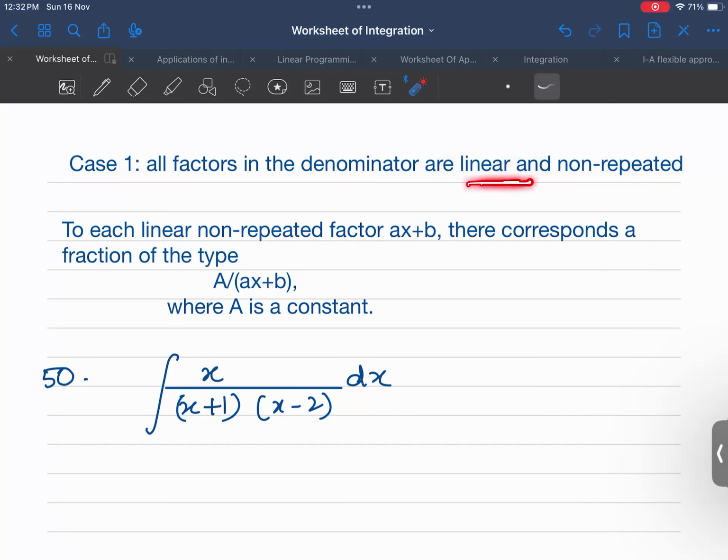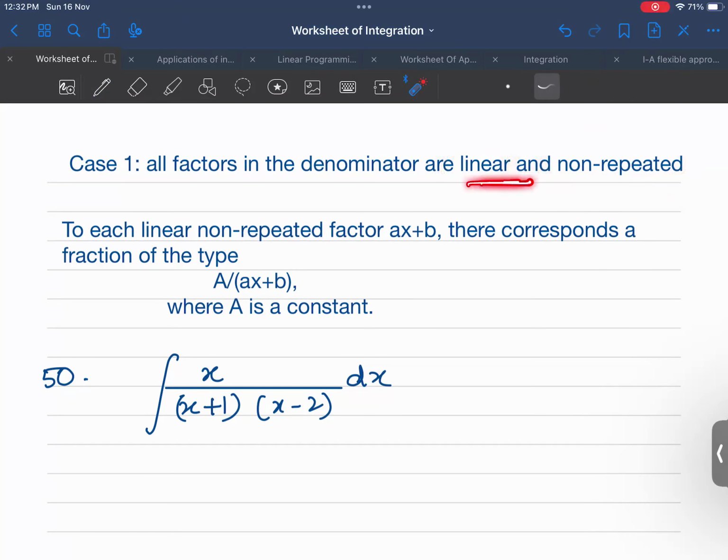Now if I solve it, this is equivalent to taking the LCM: A(x minus 2) plus B(x plus 1) upon (x plus 1)(x minus 2). I cancel the denominators, then it remains x equals A(x minus 2) plus B(x plus 1). I think it's clear.